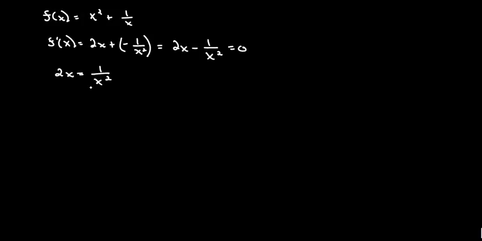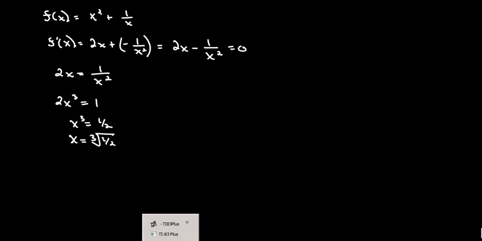Well, let's go ahead and solve this guy right here. So that means that 2x to the third would have to be equal to 1, or x to the third would have to be equal to 1/2, which implies that x would have to be the third root of 1/2. So we need the third root of 1/2.